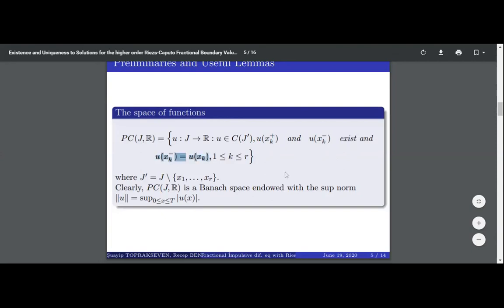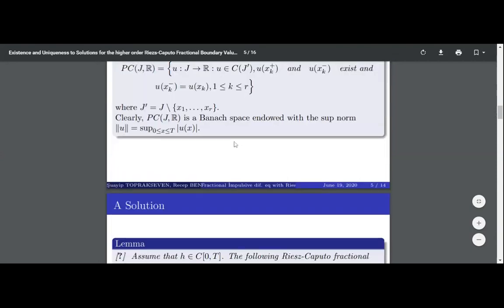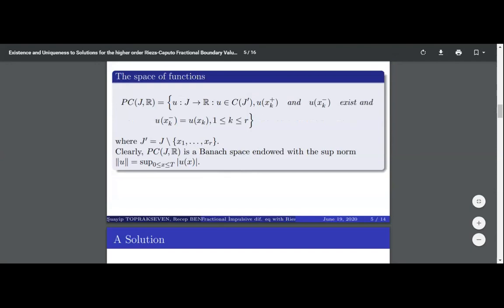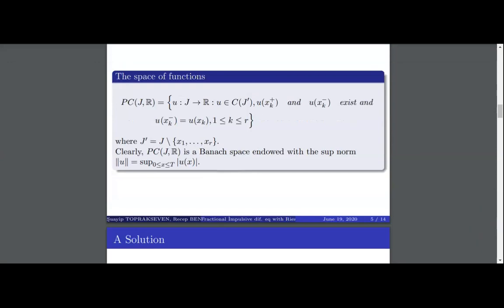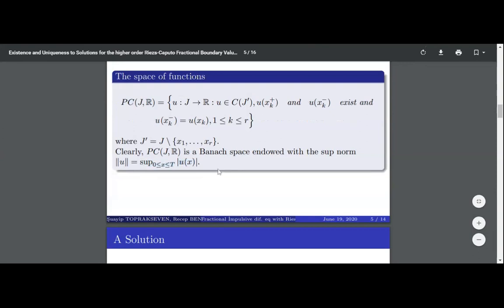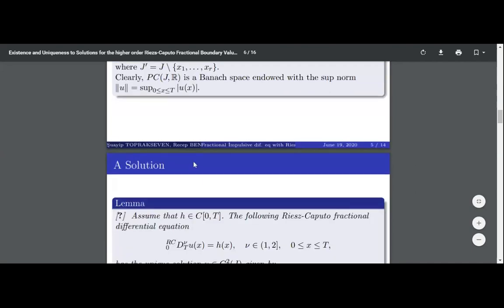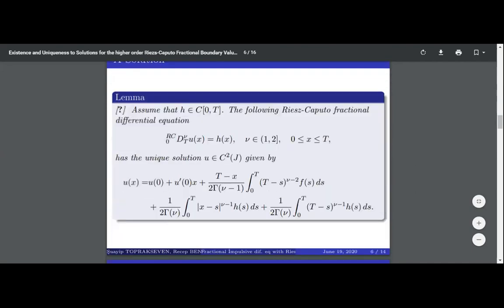And we define G plus as the interval minus these discrete points. This space is a Banach space with the supremum norm. So we have a solution now.